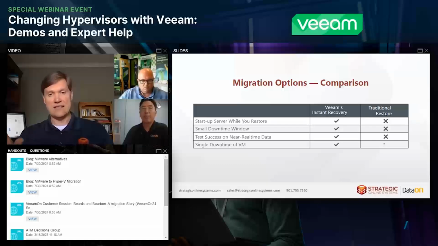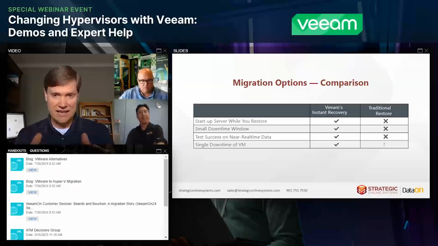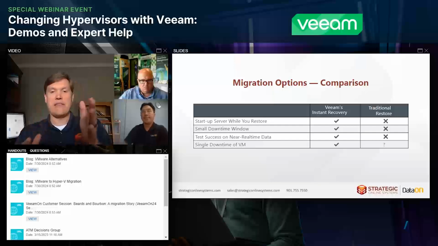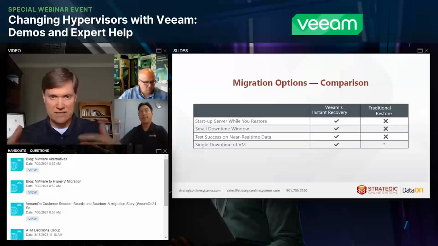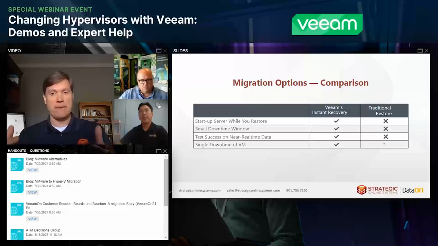So not only is it starting up while restoring, it's converting it to a different platform. With a traditional restore, that's going to cause tremendous problems. You can't do that. And because of this ability, you can then test success on near real-time data. And what I mean by that is, we all know that when we're trying to back up certain types of data, some of that data is problematic.